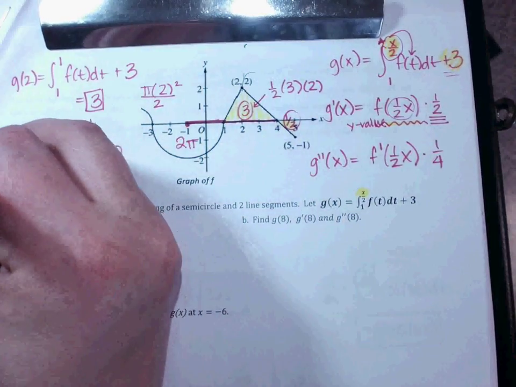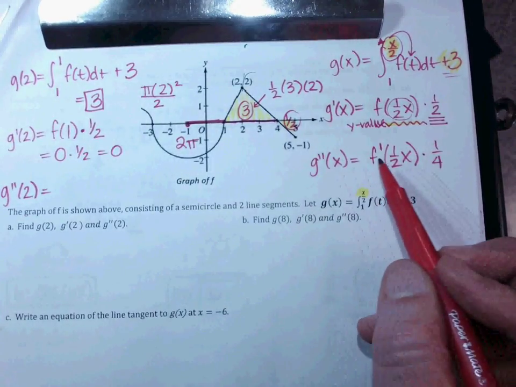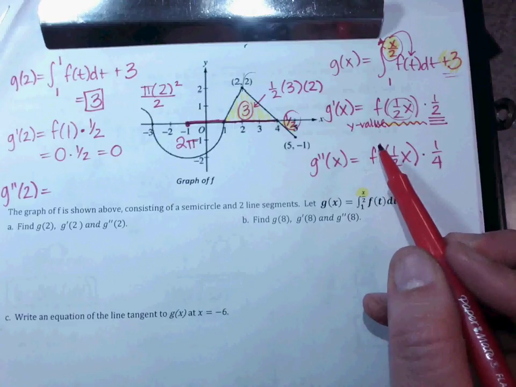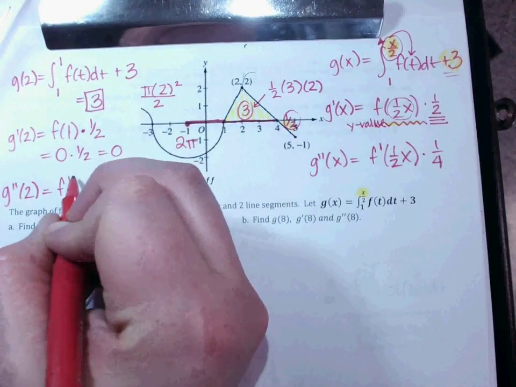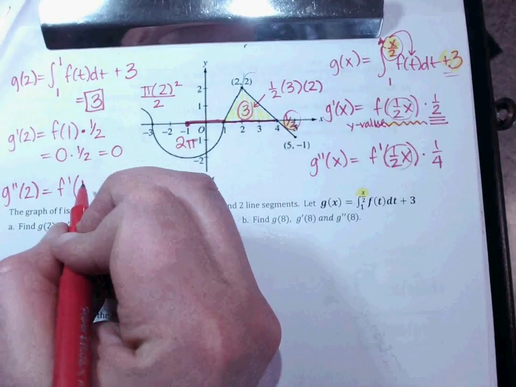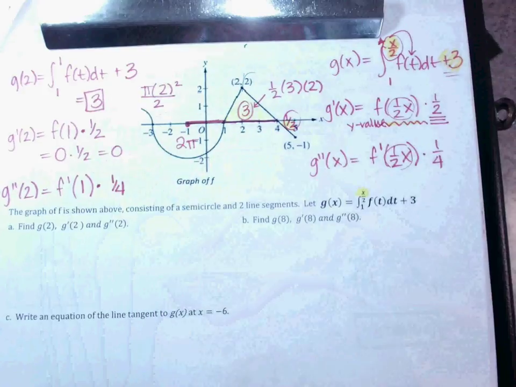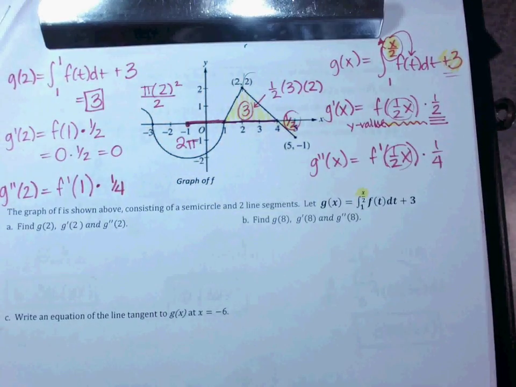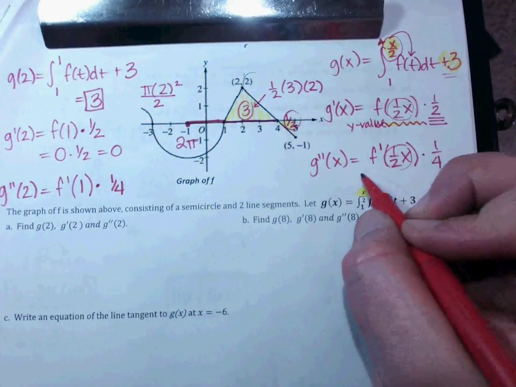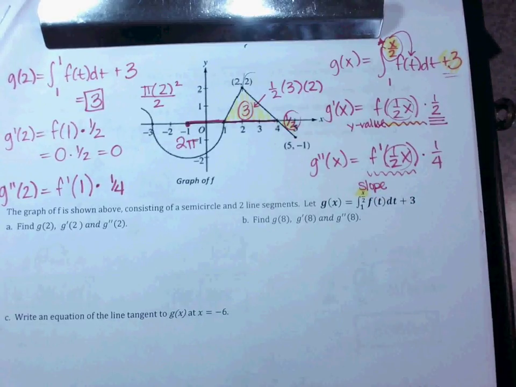Okay, g double prime at 2. I'm coming down to this formula right here. I'd want f prime at, and then when I plug in my 2 with my 1/2, what's half of 2 again? 1. And then I'm going to multiply that answer by a fourth. Now look at 1. F prime would be the slope. Can I find the slope at 1? No, it's DNE.